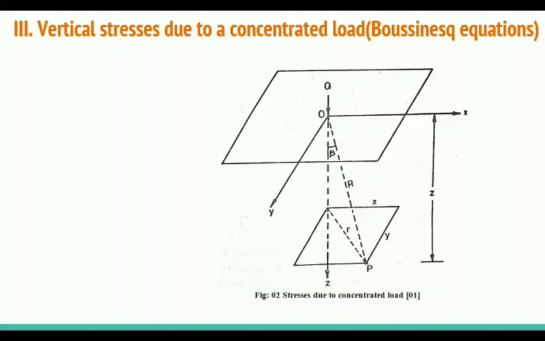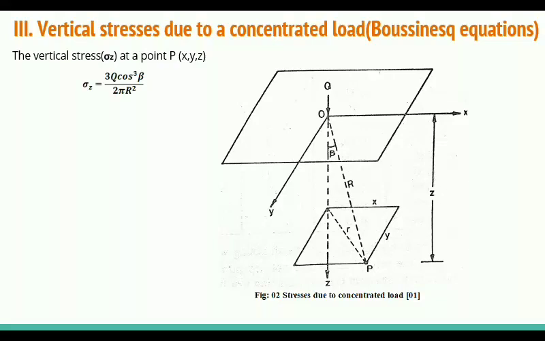I have shown this in the figure. We have to calculate the vertical stress at the point P, whose coordinates are x, y, z along the x, y and z axes.